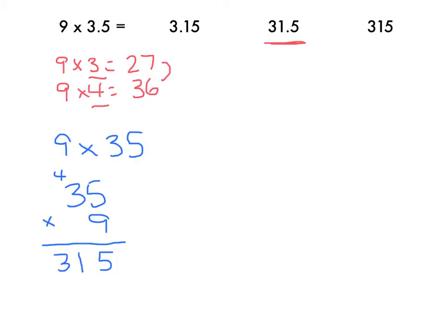And now I need to reason, where should the decimal point go? Should it go here and the answer be 315? I don't think so, because my original problem was 3 1/2 times 9. And so if I have 9 times 3 is 27 and 9 times 4 is 36, this number is too big.